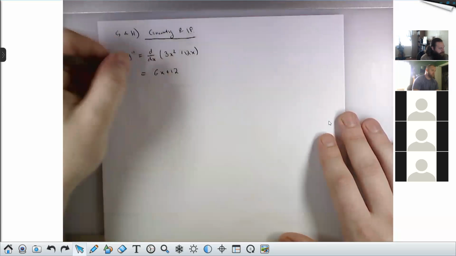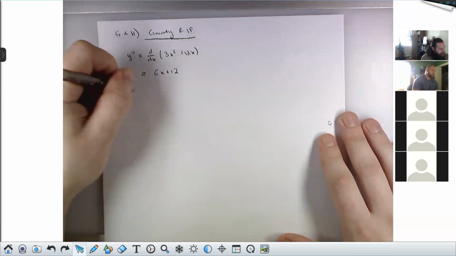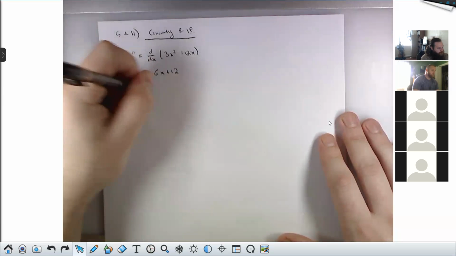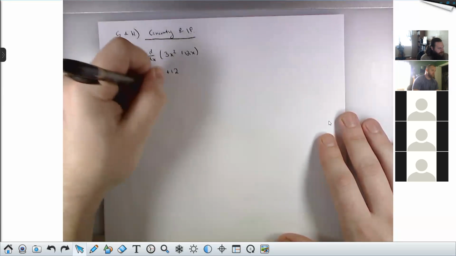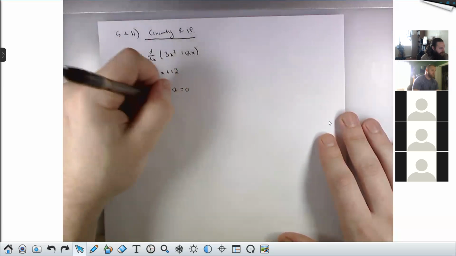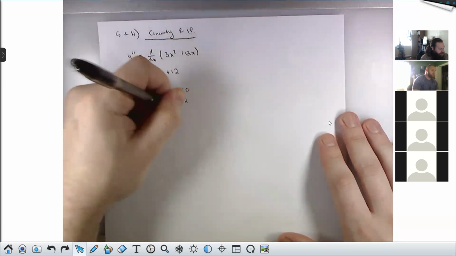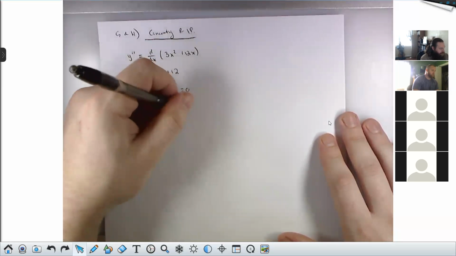And so this thing will be equal to 0, y double prime equals 0, if and only if 6x plus 12 equals 0, which will happen if 6x is negative 12, which means x is negative 2.